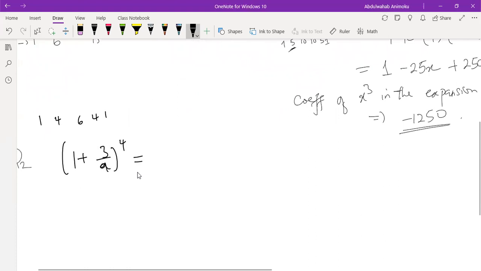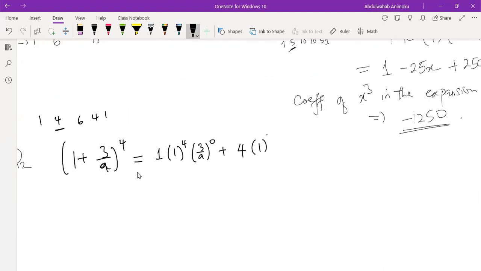Okay, so let's quickly do that. Which means the first coefficient times the first term raised to the highest power, then the second term raised to the lowest power. Next one, we use the next coefficient, which is 4. Then the first term, reduce the power by 1, second term, increase the power by 1. Then 6, reduce the power by 1, increase the power by 1.